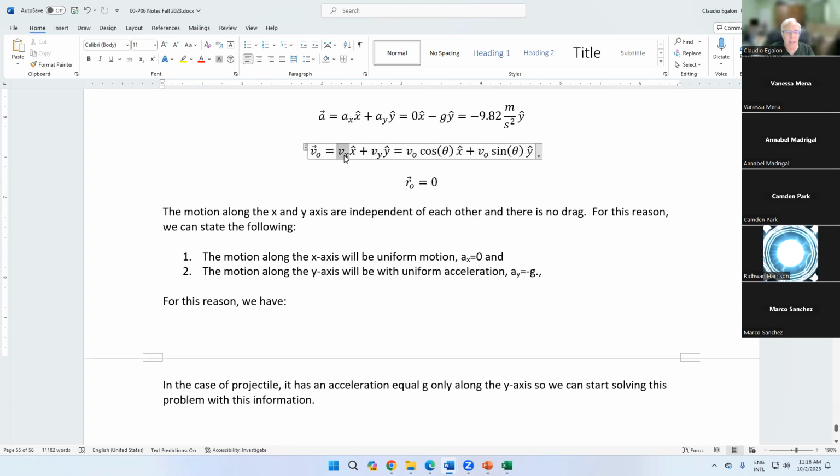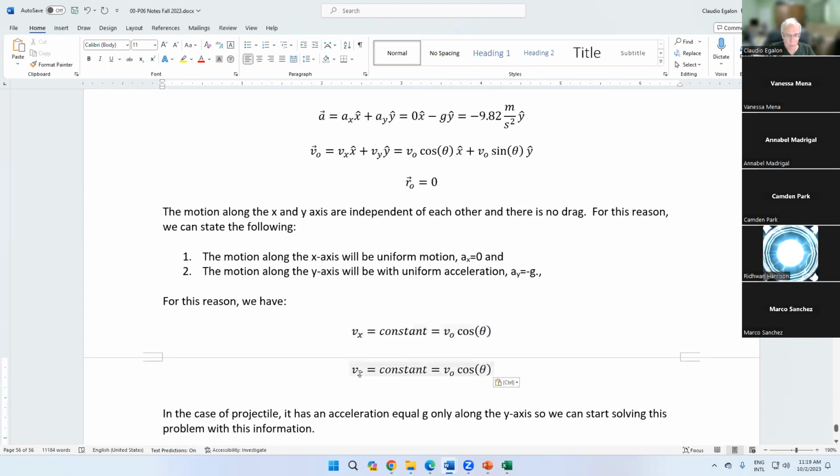We have Vx is going to be constant, equal to V naught cosine of theta. And Vy is going to be V naught sine of theta minus gt. Make sense?